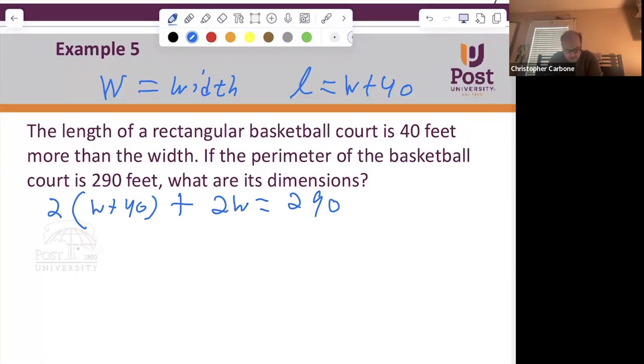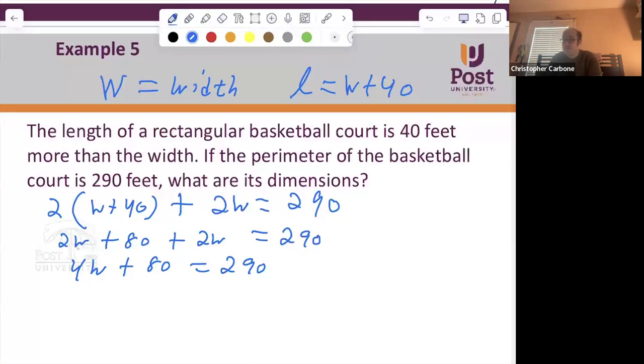Distributing the 2 first makes 2W plus 80 plus 2W is equal to 290. Adding the two W's gives us 4W plus 80 is equal to 290. Subtract over the 80. 4W is equal to 210.